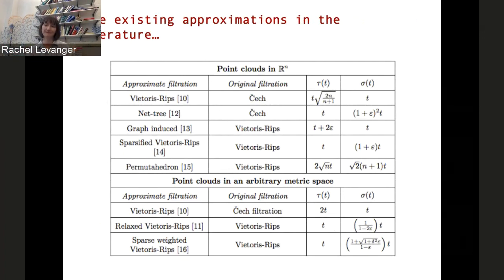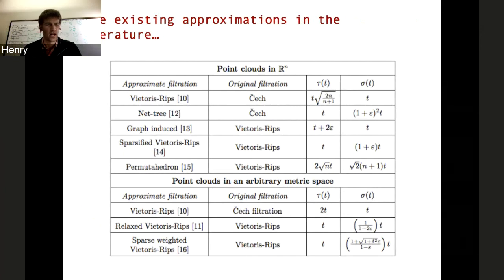I guess I'd also be interested in knowing more about that question. I would have guessed that the complexity of Čech gets worse and worse as n goes up. But if somebody wants to fill me in more on that question, I'd be interested in it. Other questions for Rachel? I guess one more thing.